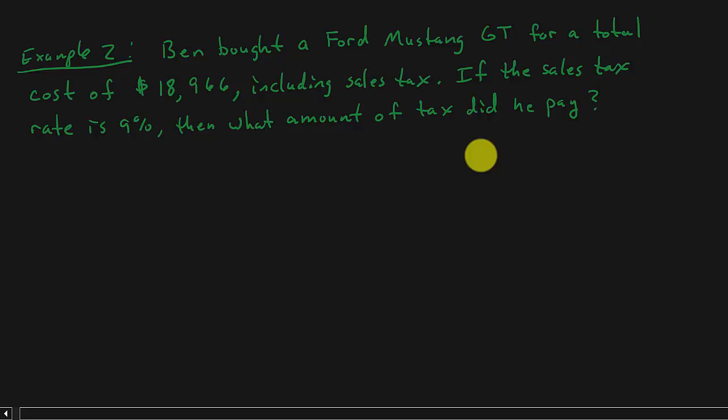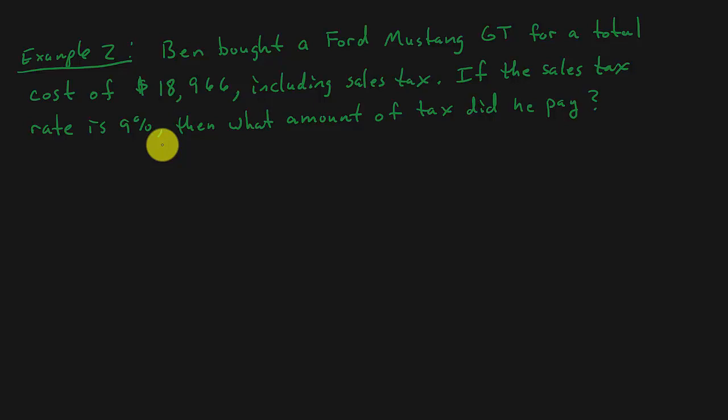I'm sure they're probably not figuring in license and title. So we're just going to go on the assumption the regular cost plus the sales tax added together is how much he paid, and the sales tax is 9%. Then what amount of tax did he pay? So they want to know how much the taxes were.